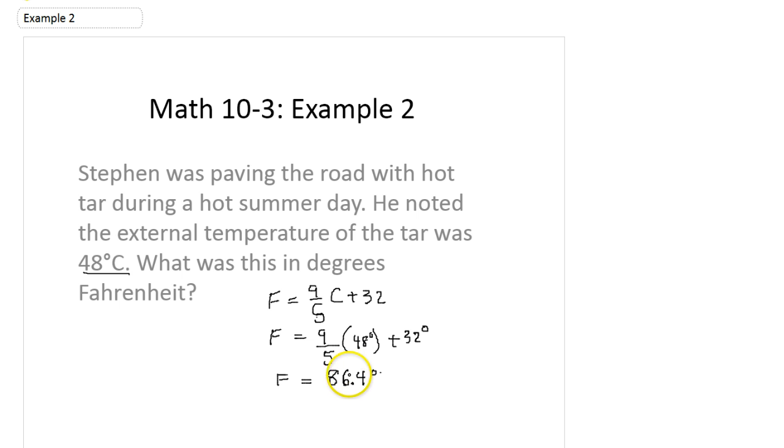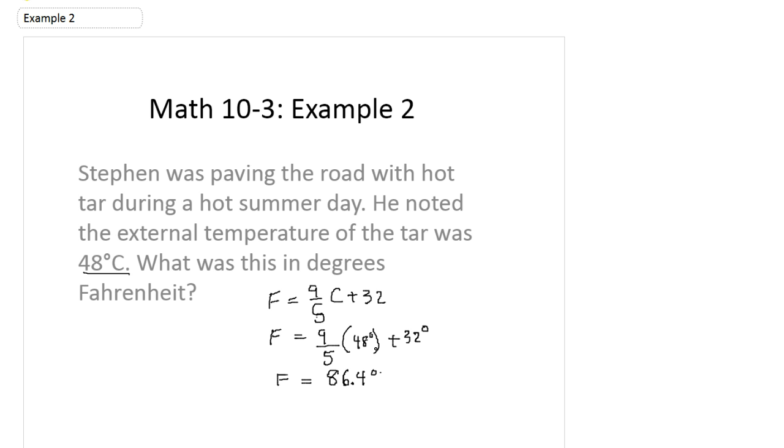That's just 48 degrees if we think of it from 0 up to 48, from our freezing temperature up to 48, which would be 86 degrees Fahrenheit.